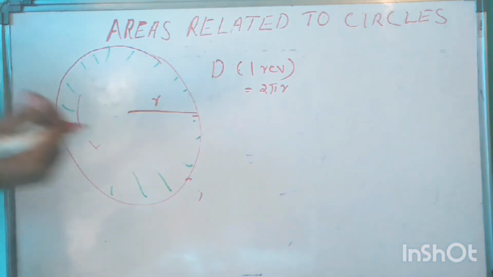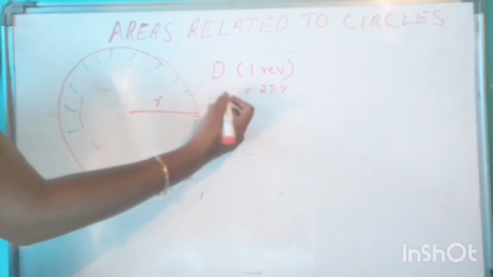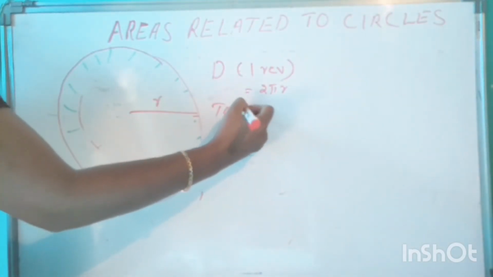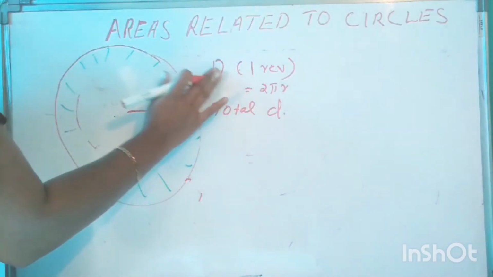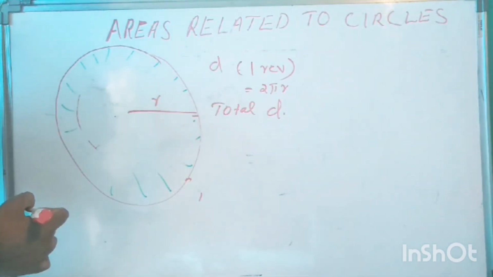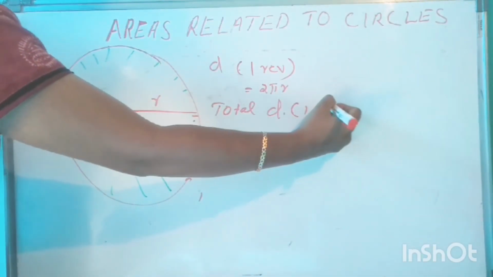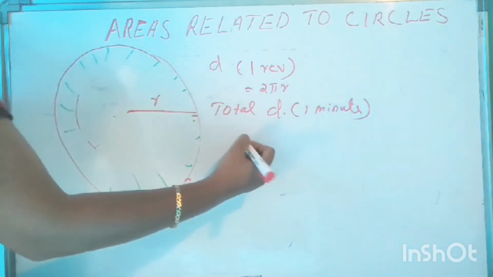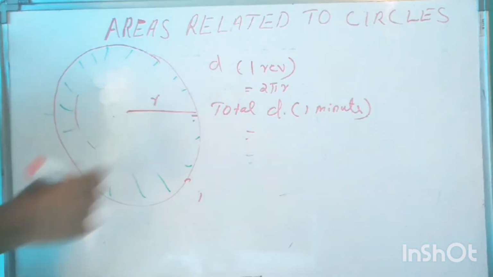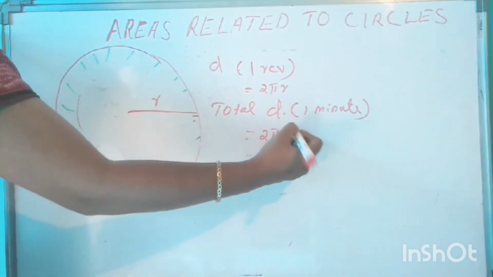Then the total distance covered by the wheel in 1 minute is equal to, in one revolution, 2 pi r.